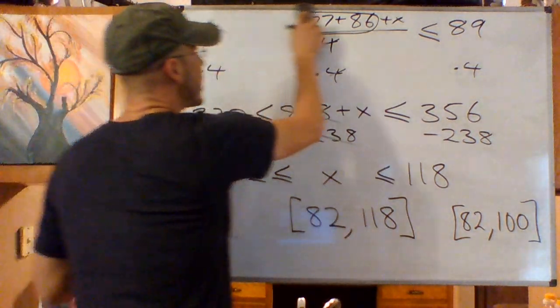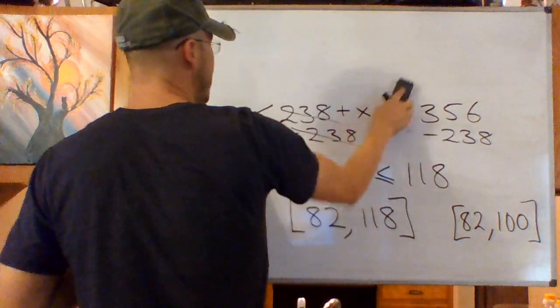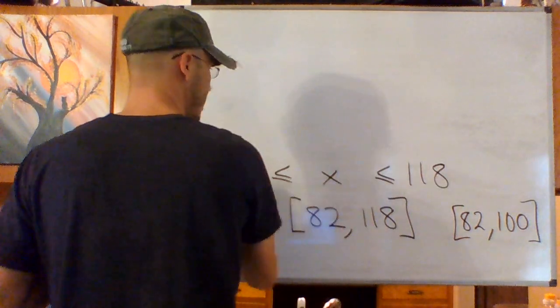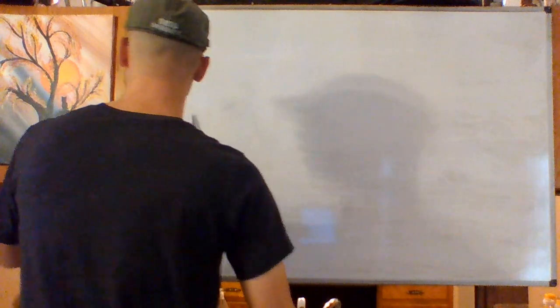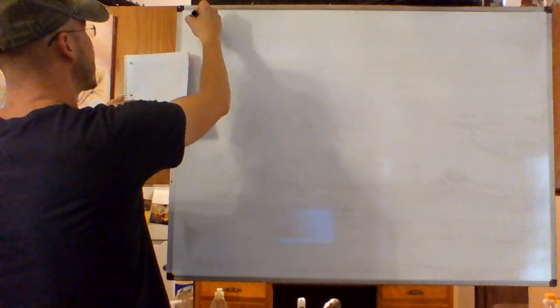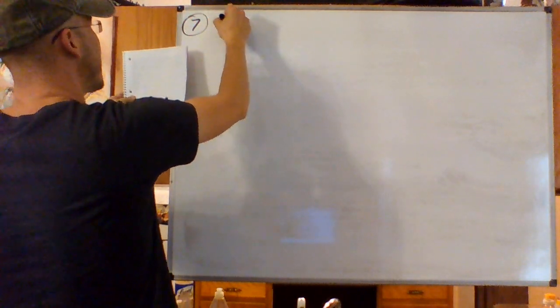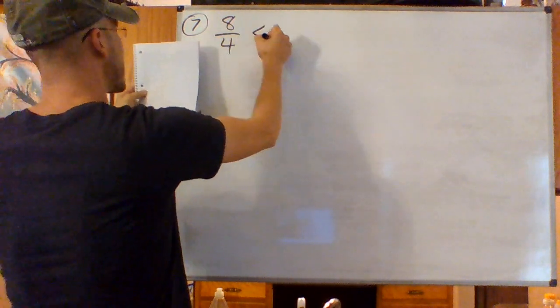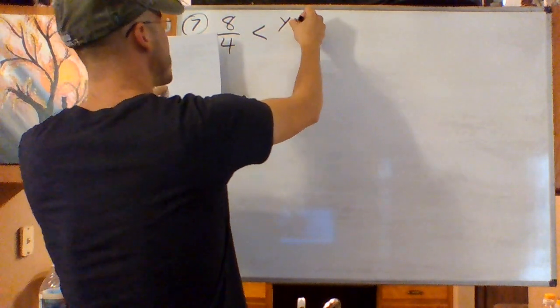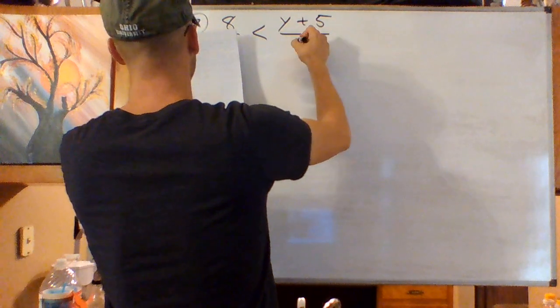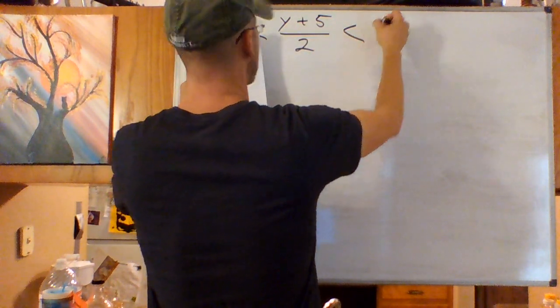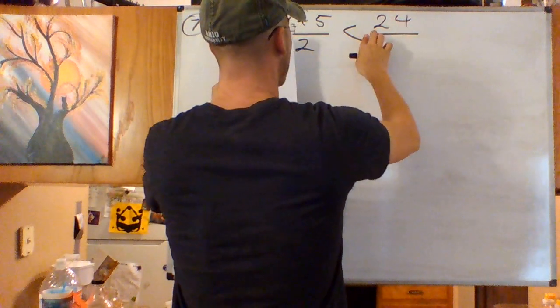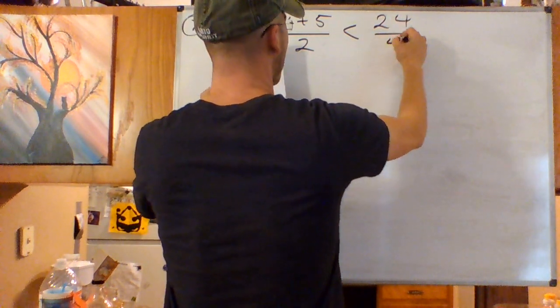The next problem I have is another solve and graph and interval notation problem. 8 over 4 is less than y plus 5 over 2 is less than 24 over 4.